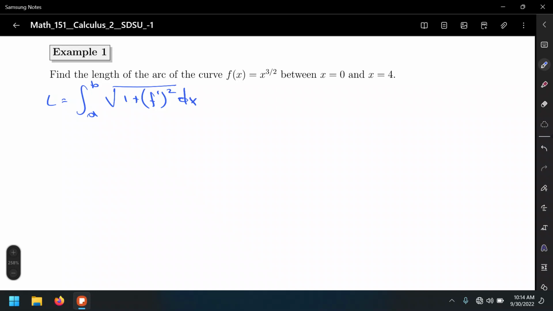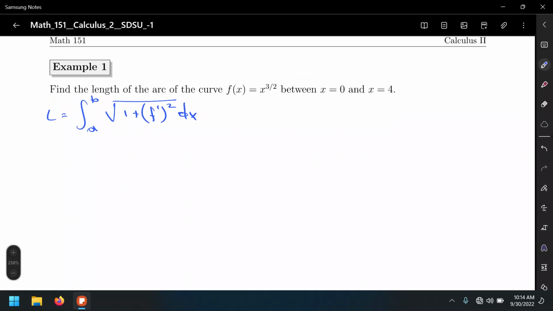We need the derivative of the function, since the formula to find the arc length calls for the derivative of the given function. So let's go ahead and do that. The derivative of f of x equals x to the 3/2 is f prime equals 3/2 x to the 1/2, which is 3/2 square root of x. It would be convenient to write it in radical form because, well, you'll see why.